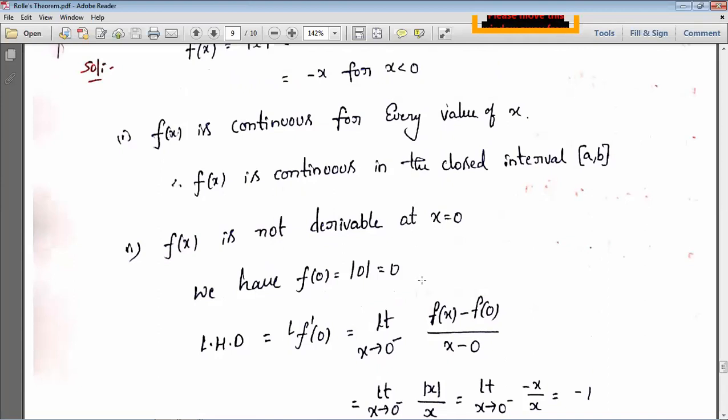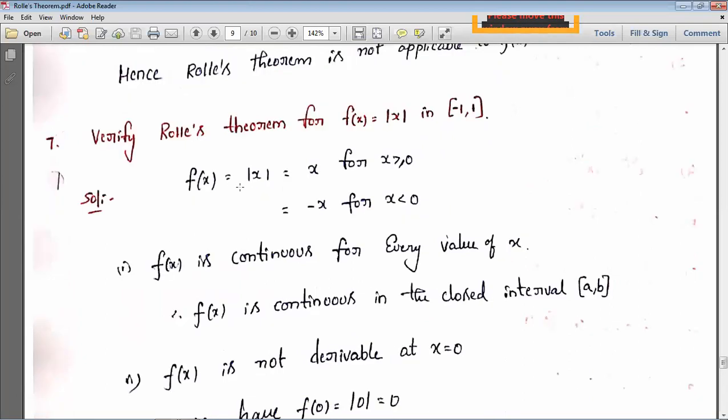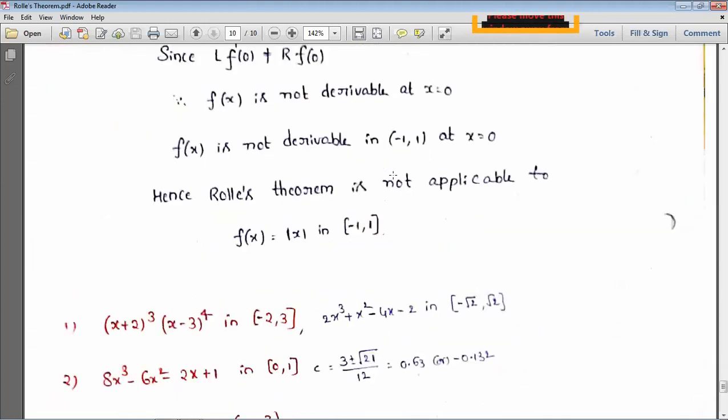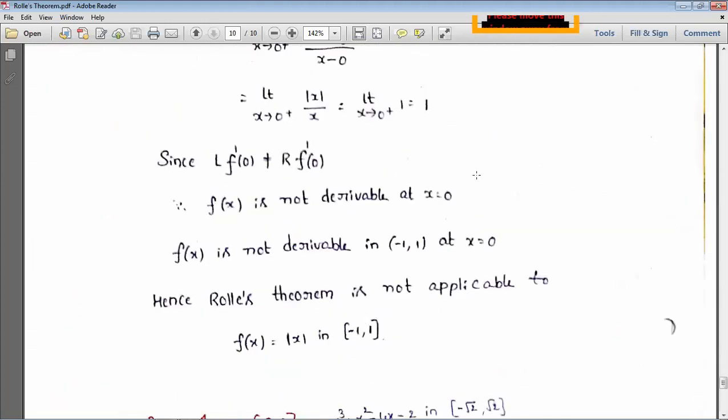So this is the best example we can say of a function which is continuous but not differentiable. In that case you have to write that example, you should choose that one. Okay, f of x is equal to mod x you should write, and the interval minus 1 comma 1 you should write, and you should write this entire part. Okay, no need to write this Rolle's theorem, all those things. Simply they must give an example which is continuous but not differentiable.